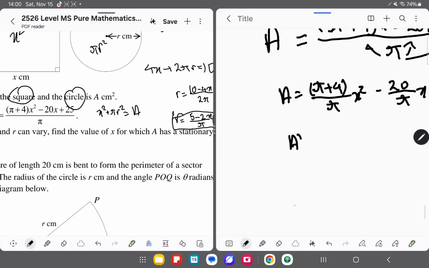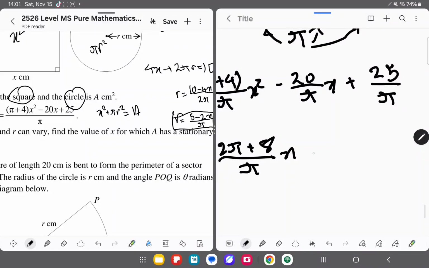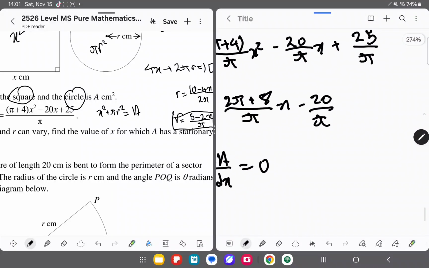A prime, or dA over dx, is equal to 2(pi plus 4) over pi x minus 20 over pi. And then to get the stationary values of x, we must state that the derivative is equal to 0. So we do just that.